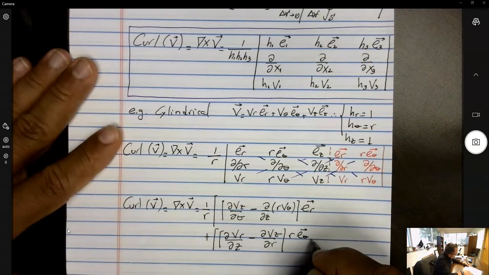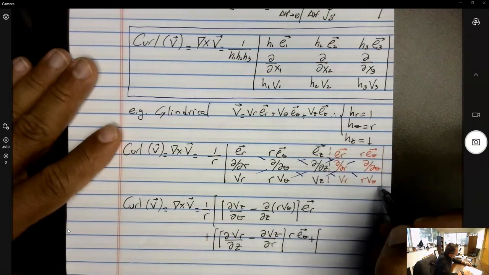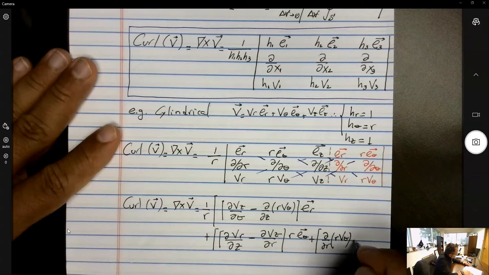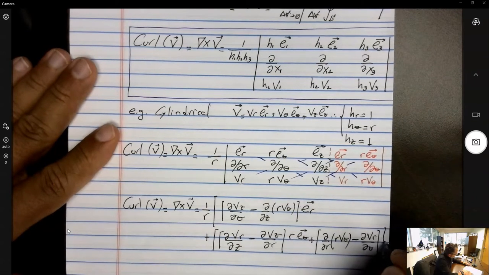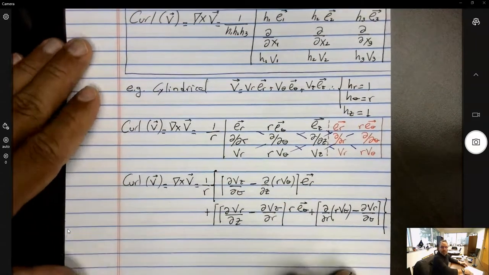And then the last one, the z direction, in the positive z direction, I get d/dr of r v theta minus d vr/d theta.